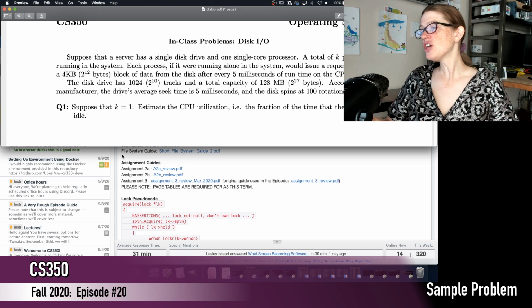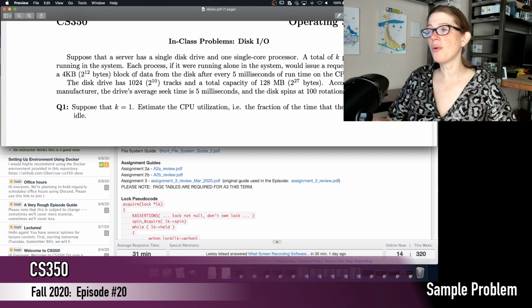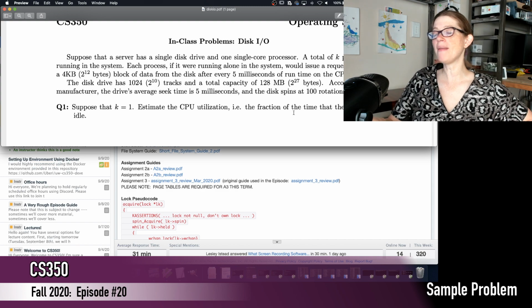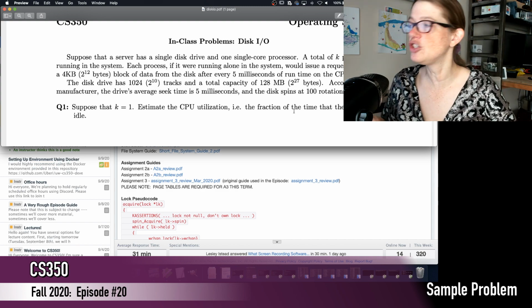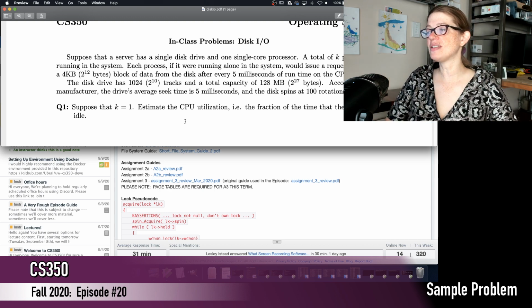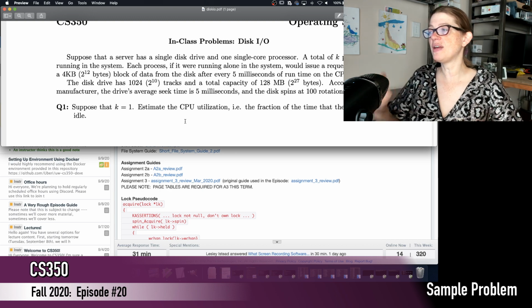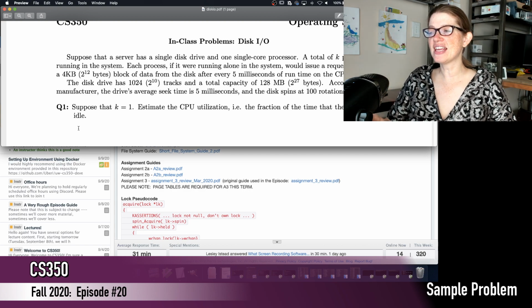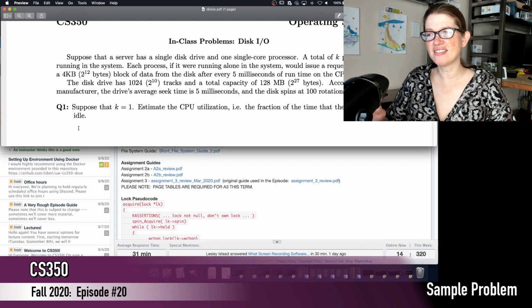Okay. So we've described the disk here as having 1,024 tracks and a total capacity of 128 megabytes. So this is like 1992. And according to the manufacturer, the disk's average seek time is 5 milliseconds, and the disk spins at 100 rotations per second. So the first question is asking, if there's only one process in the system, what is the CPU's utilization?